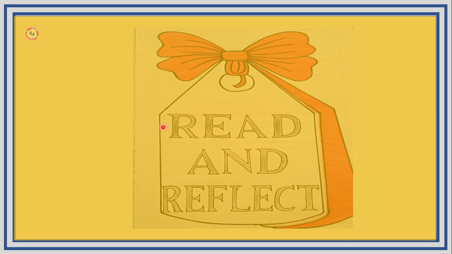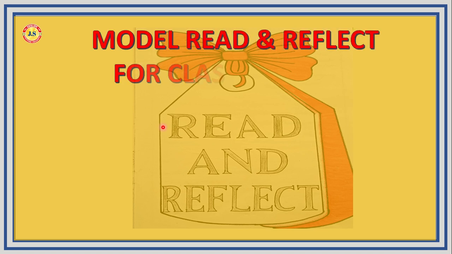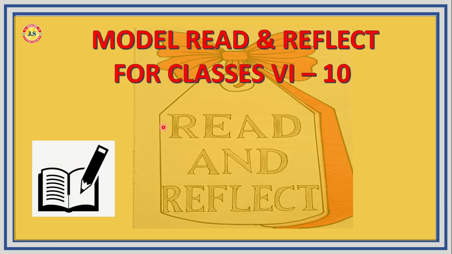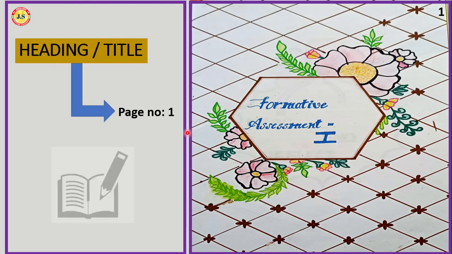Here I would like to show you a model read and reflect which was prepared by my pupils. This model will be helpful for classes 6 to 10 who are studying in Telangana and Andhra Pradesh. First of all, we have to take a fresh page. Then we need to draw margins on four sides.